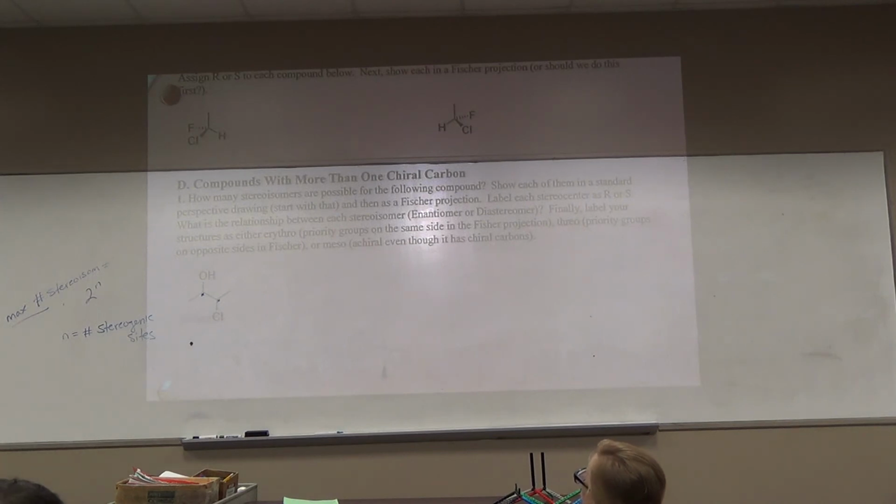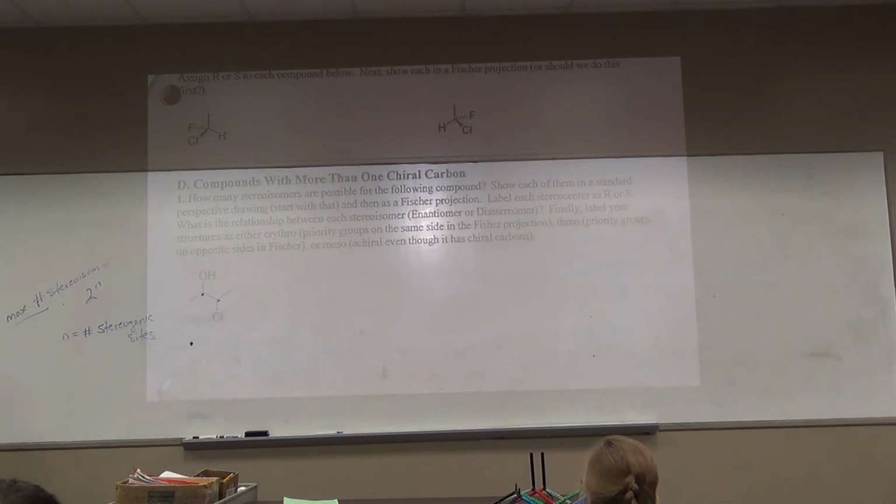Yeah, it leads to two different configurations, R and S. What if the fluorine was a chlorine? You had two chlorines there. Would the way that molecule has been built lead to stereochemistry? No, you wouldn't have any stereochemistry. There's nothing there.